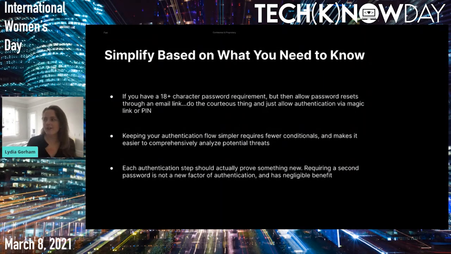If you have an 18+ character password requirement, great, that's pretty uncrackable. But if you then allow password resets through an email link, do the courteous thing and allow authentication via magic link or PIN sent to the email. That is what you're testing for anyways. And people are much more cautious about their email password than they are about a lot of other ones anyways.